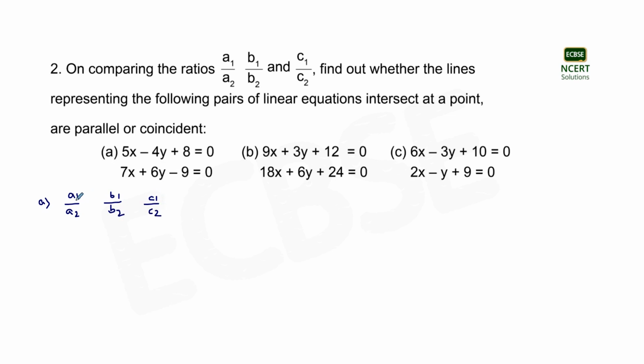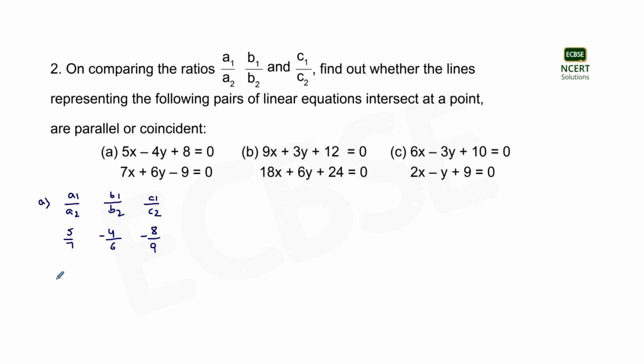The ratio a1 by a2 is equal to 5 by 7. The ratio b1 by b2 is equal to minus 4 by 6, and the ratio c1 by c2 is equal to minus 8 by 9.